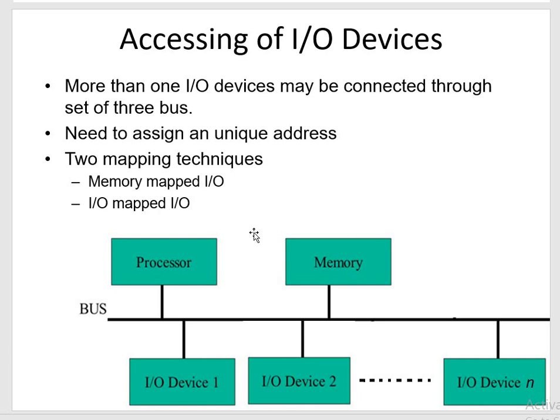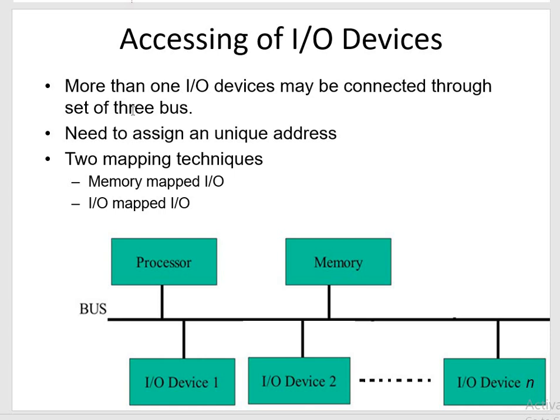So this particular diagram shows a processor and memory, along with the different input and output devices interfaced or connected to the processor. Now, through what type of buses will these I/O devices be connected to the processor? More than one I/O device will be connected to the processor through a set of three types of buses.